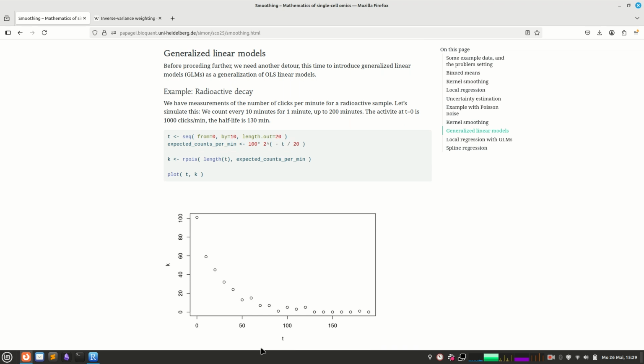We have radioactive decay. We have some radioactive sample, and we measure the activity of these radioactive samples. And you remember, activity measurement works as follows. You have your sample, your thing of radioactive matter, a little rock, and every time an atom decays, it emits some radioactive radiation.